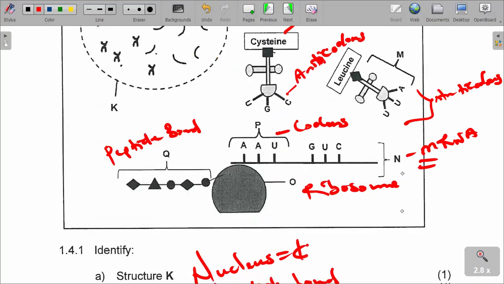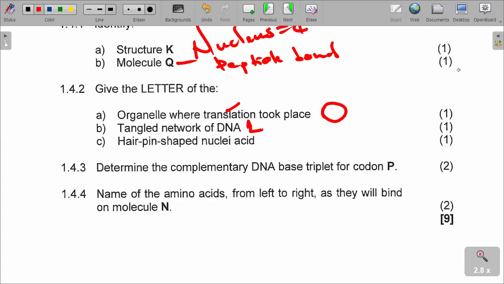So our hairpin-shaped nucleic acid, our tRNA, is M. It represents tRNA, transfer RNA, like I had already mentioned. These are the answers that you should take note of.